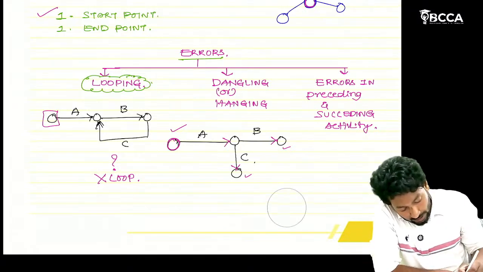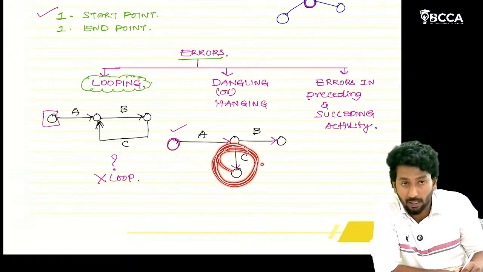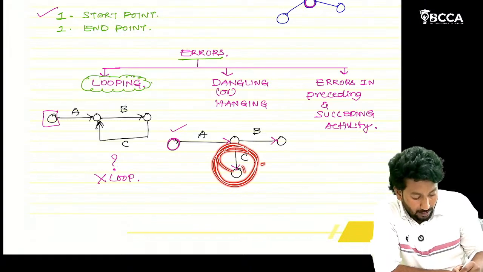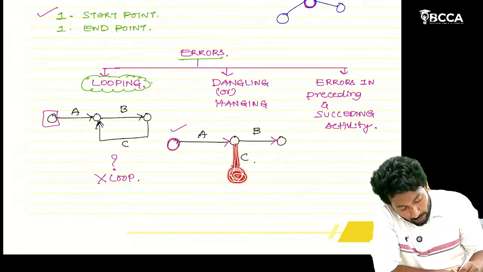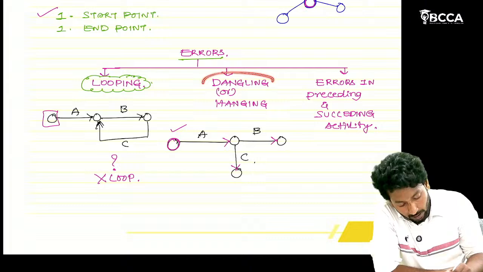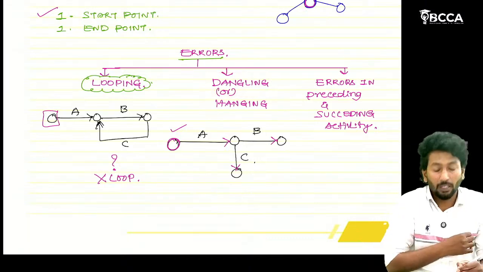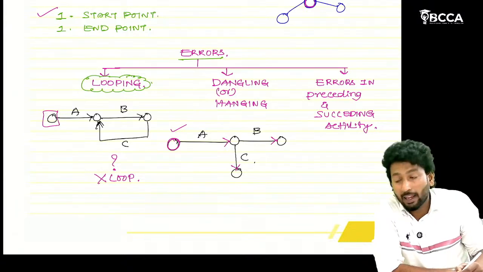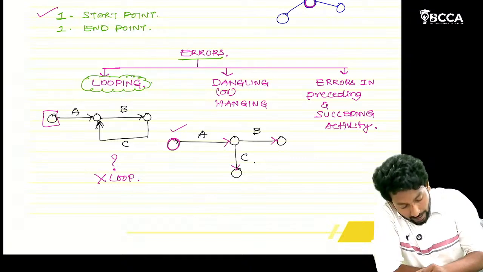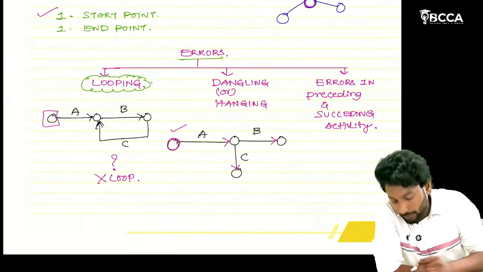An activity should not be left hanging like this. That's why this activity C is hanging here, and this is called hanging error, or else dangling error. You should not leave an activity hanging like that. To resolve this error, we can connect these activities with a dummy activity.